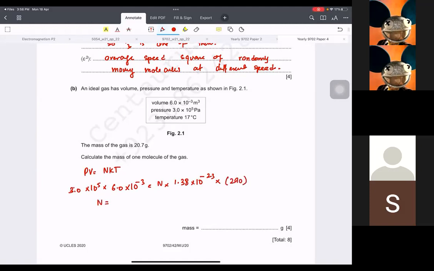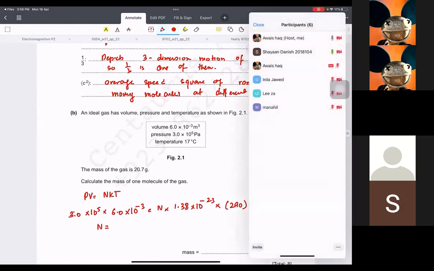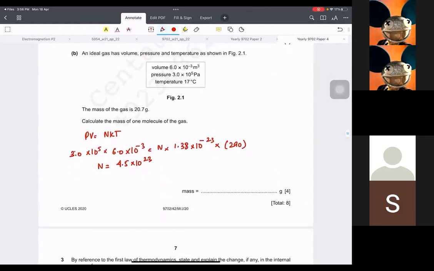So N is, anybody found N? It's 4.5 times 10 power 23. Okay, and this is the mass of all these particles, so one molecule will be 2.70 grams over 4.5 times 10 raised to 23.